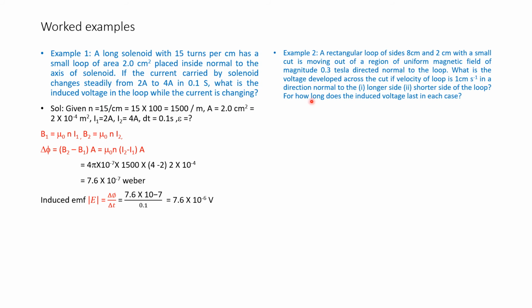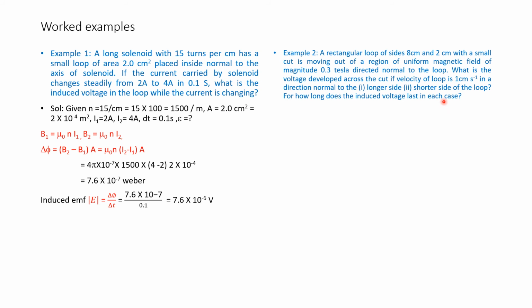What is the voltage developed across the cut if the velocity of the loop is 1 centimeter per second in a direction normal to the longer side, and when it is normal to the shorter side of the loop? For how long does the induced voltage last in each case?